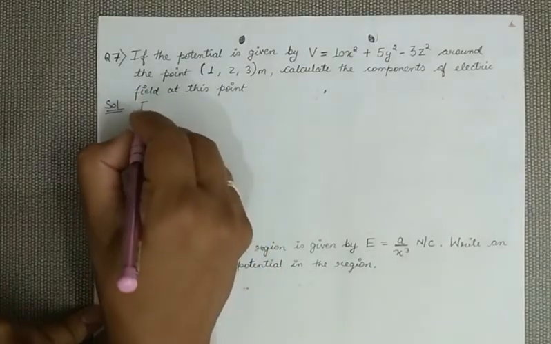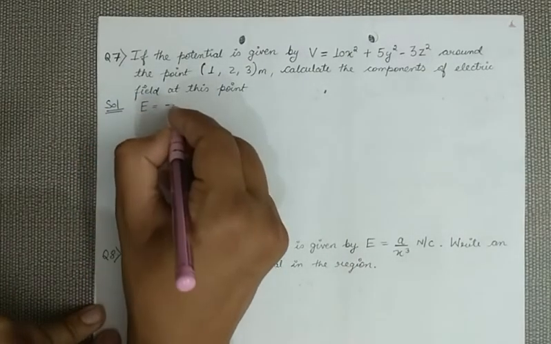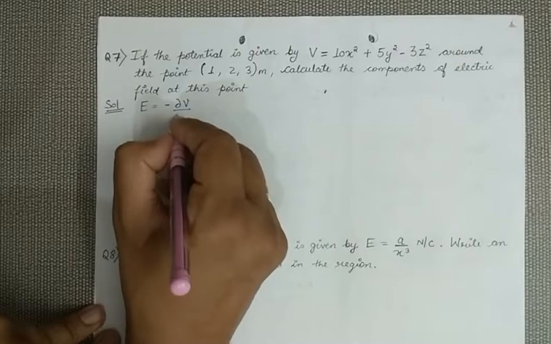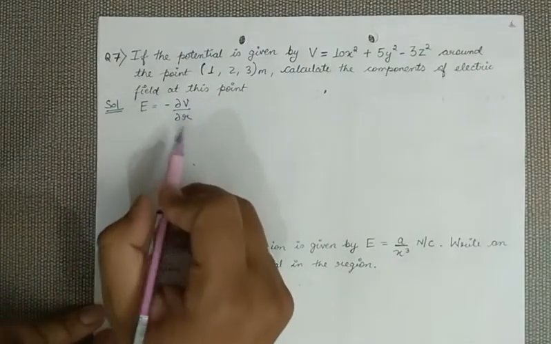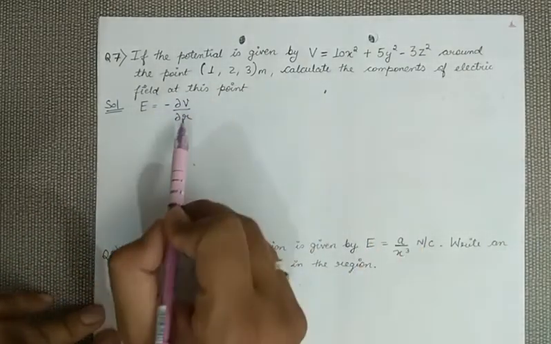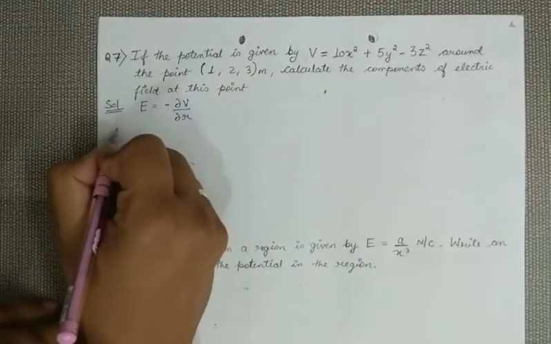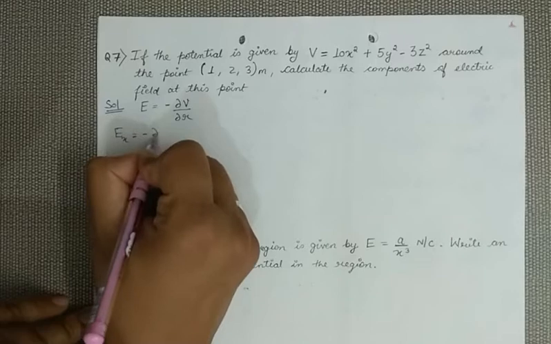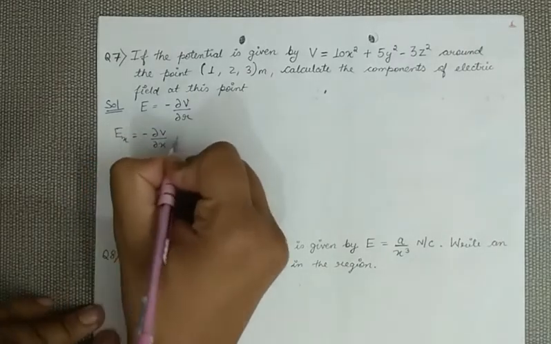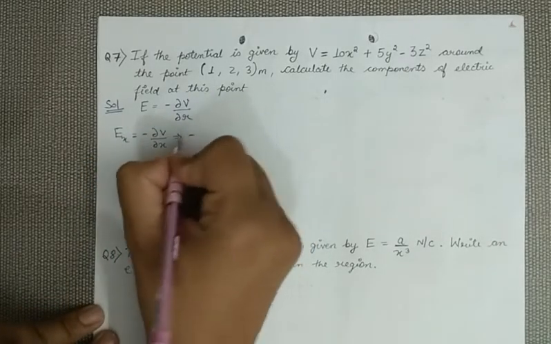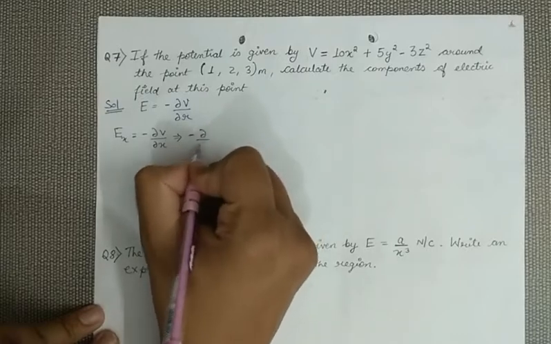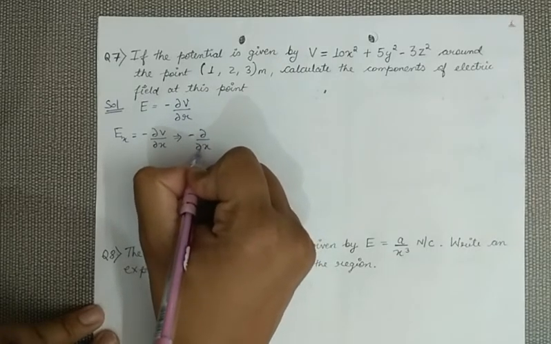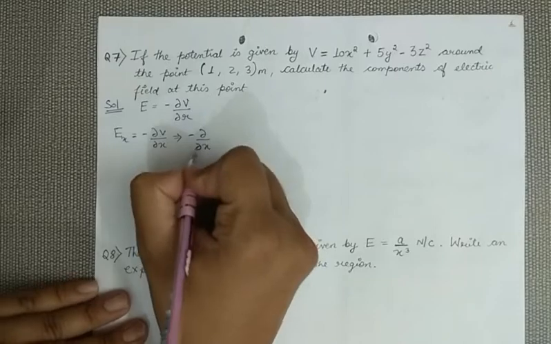Remember the relation, electric field is given as minus del V by del R. But in this case, instead of R, we will use X, Y and Z because three coordinates are given. So electric field in X direction will be minus del V by del X. So all I have to do is to differentiate the potential with respect to X, but I will perform a partial differentiation. Just remember the term.